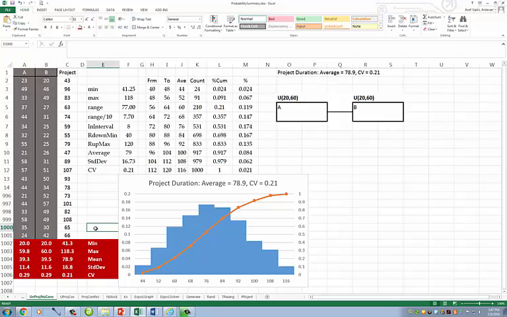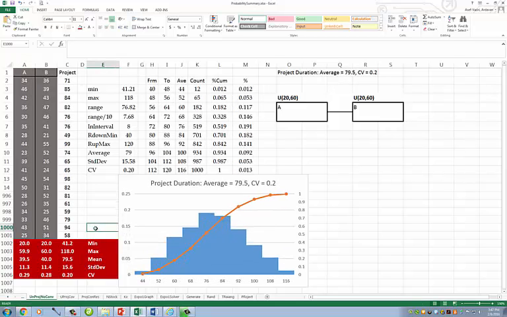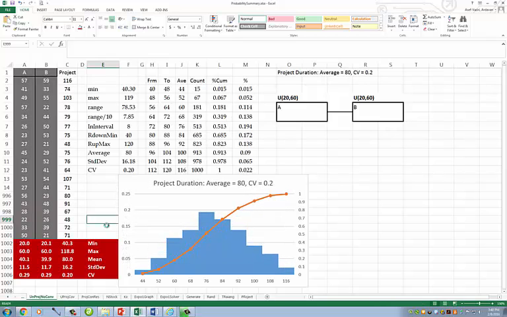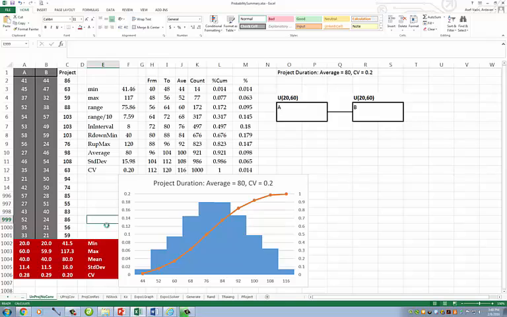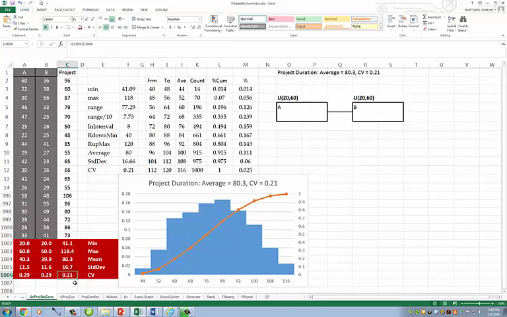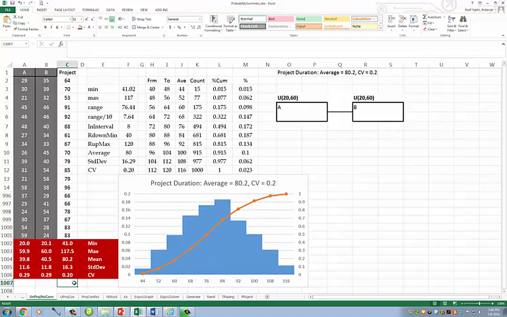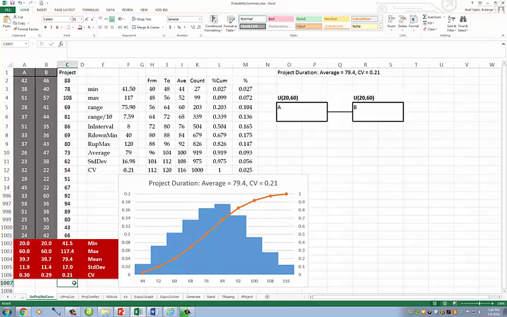However, the averages are more or less what we expect. We expect this average to be around 40, this average to be around 40, and this average to be around 80, and they are very close to those numbers. But the coefficient of variation of the project is always smaller than the coefficient of variation of each individual activity.